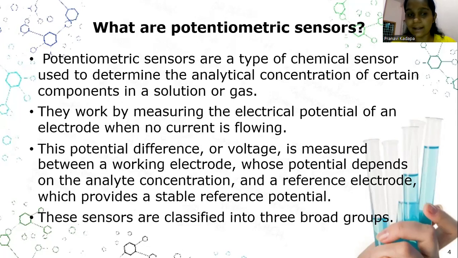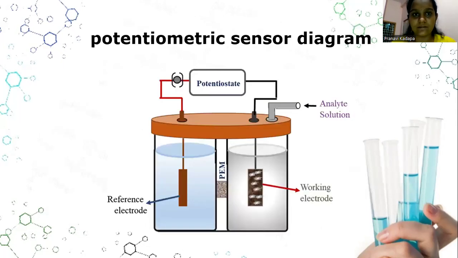So let's see the analysis of these potentiometric sensors. This is the brief diagram of a potentiometric sensor. Here we see the reference electrode and working electrode, and we connect both to the potentiostat, which gives us the value.